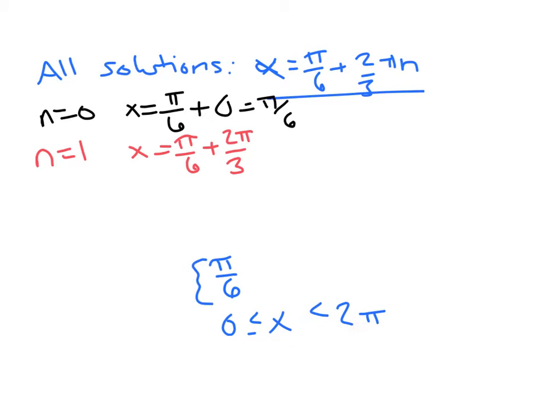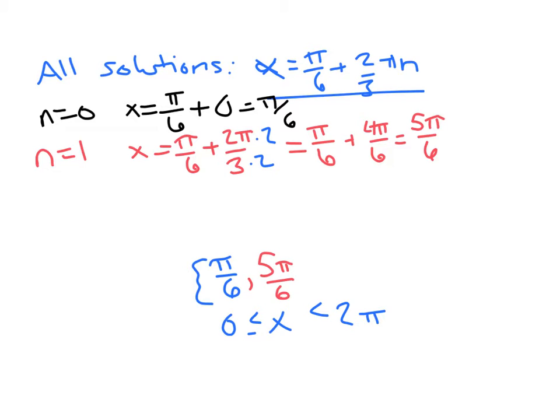To do this arithmetic, I need a common denominator, so I'm going to multiply top and bottom by 2. That gives me pi over 6 plus 4 pi over 6, which is 5 pi over 6. That's a little less than 1 pi, so that definitely fits. It's less than 2 pi, so it fits in this interval. So I'm going to add that to our solution set.